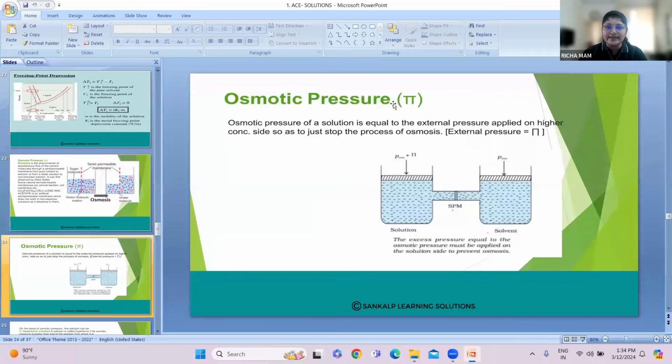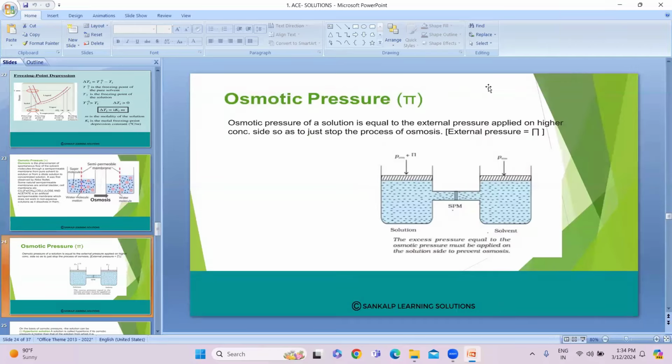So here you can see the external pressure applied on the higher concentration side, meaning your solution side. So you are applying the external pressure, a high pressure, so that the solvent molecules that would flow through the semi-permeable membrane will be stopped.